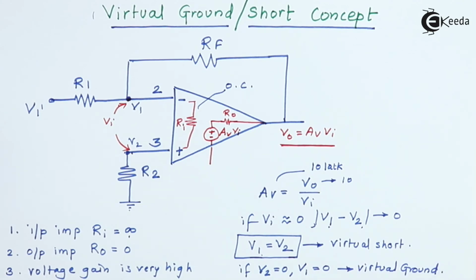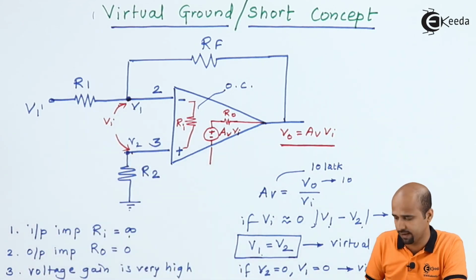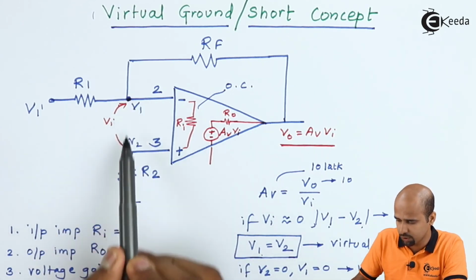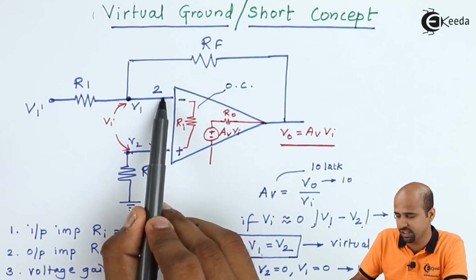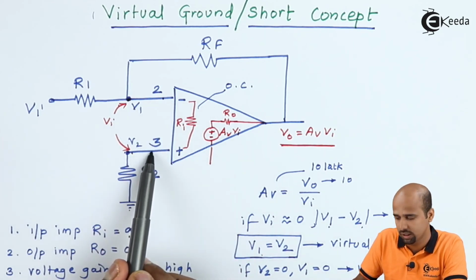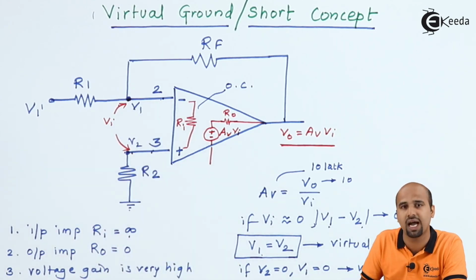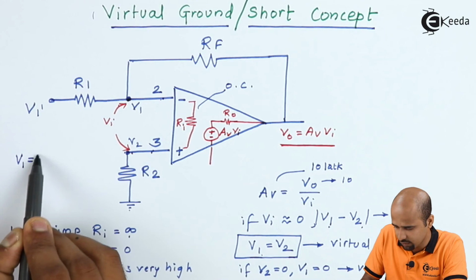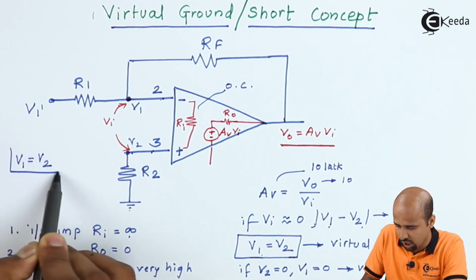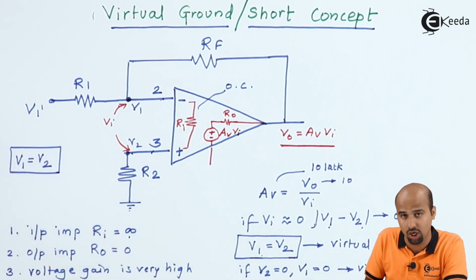Now we will conclude this complete video with the statement that if in an operational amplifier the pin number 2 voltage and pin number 3 voltage have equal value, that means V1 equal to V2, this is called virtual short concept.